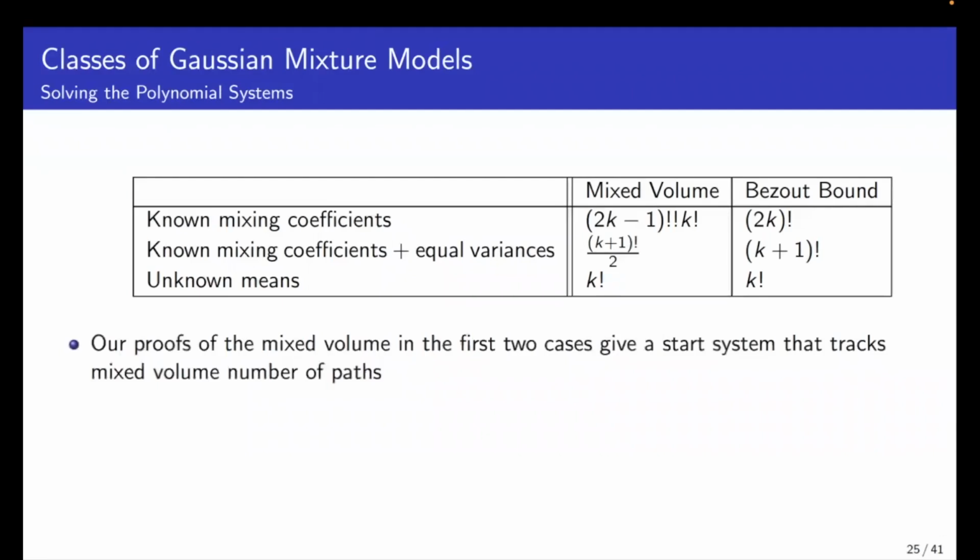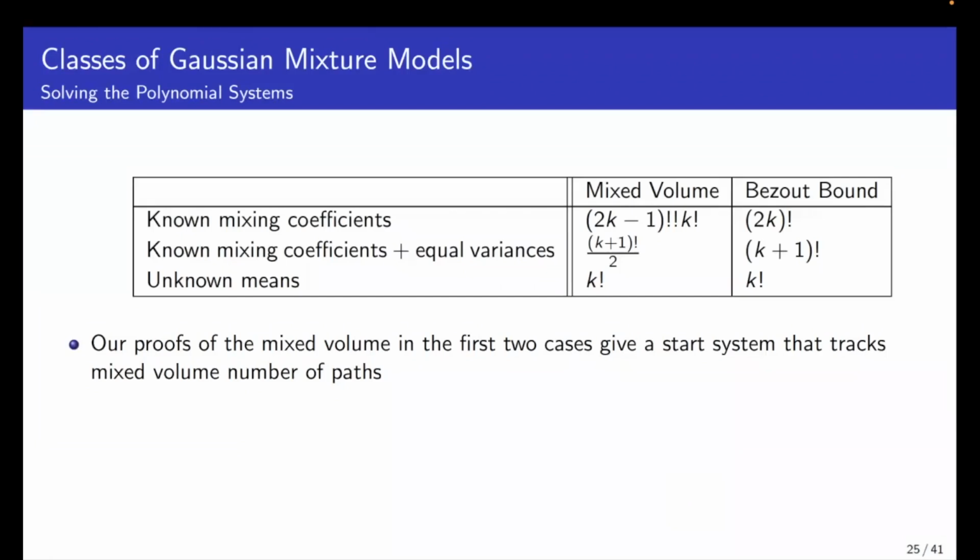One nice thing about these results is that, specifically for this first case, we're going to be much better off using something like a polyhedral homotopy algorithm to find all of these solutions. But as I mentioned, these polyhedral algorithms time out at a certain point.